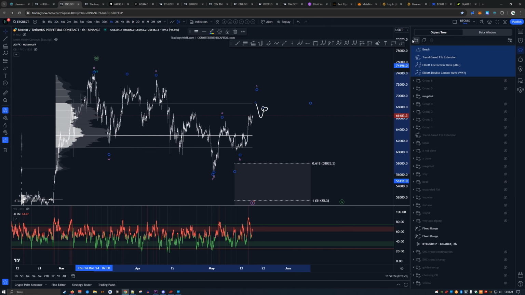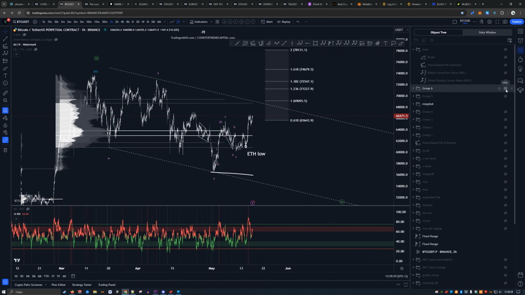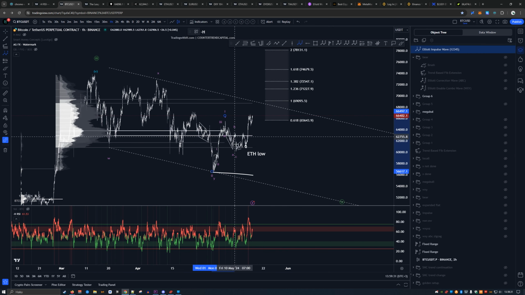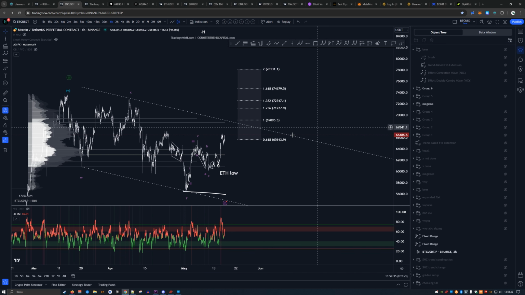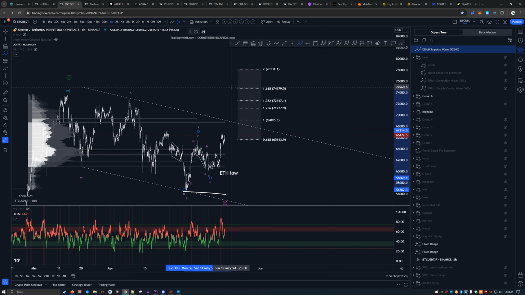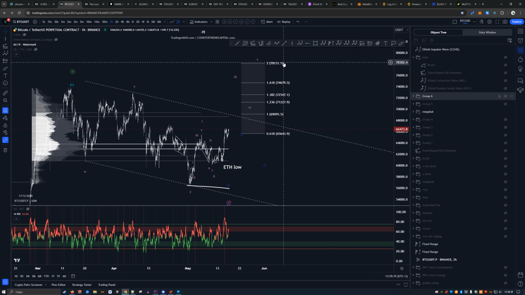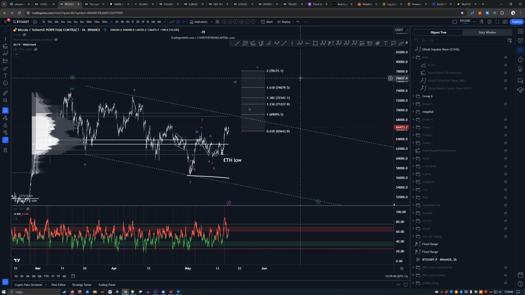If however this turns out to be more of a bull scenario, and this would become that wave 1, 2, 3, 4, 5, we'd be expecting somewhere around almost 80K. That would be very cool to see.